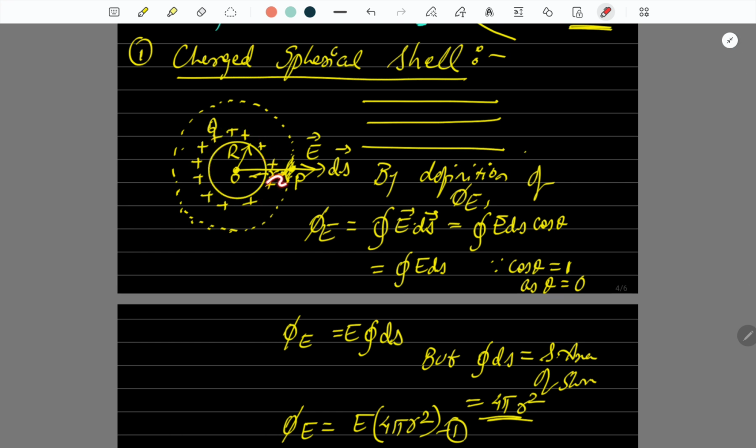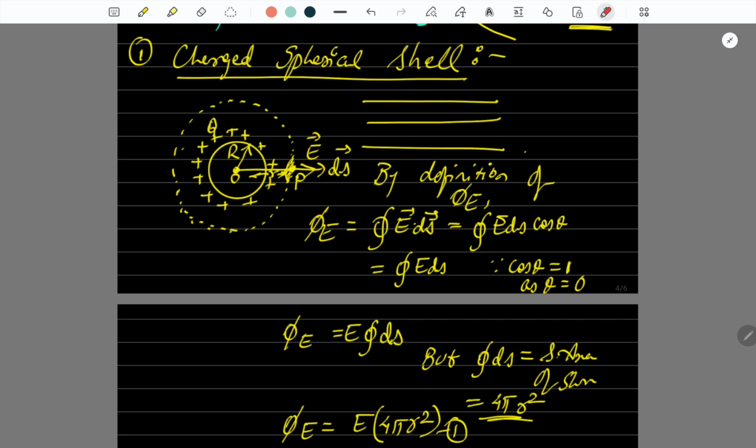Consider a charged spherical shell of radius capital R, which is charged to the net charge capital Q. Then consider a point P at a distance r, small r, from the center of the charged sphere where the electric field needs to be found. So there we considered a Gaussian surface in the form of a sphere of radius small r. After that we considered a small area dS and marked the dS vector.